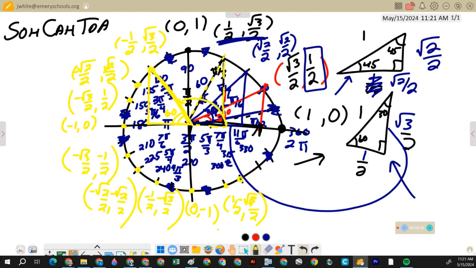Okay, the next point? Root 2 over 2, negative root 2 over 2. And the next one? Root 3 over 2 and negative 1/2. That is the unit circle.